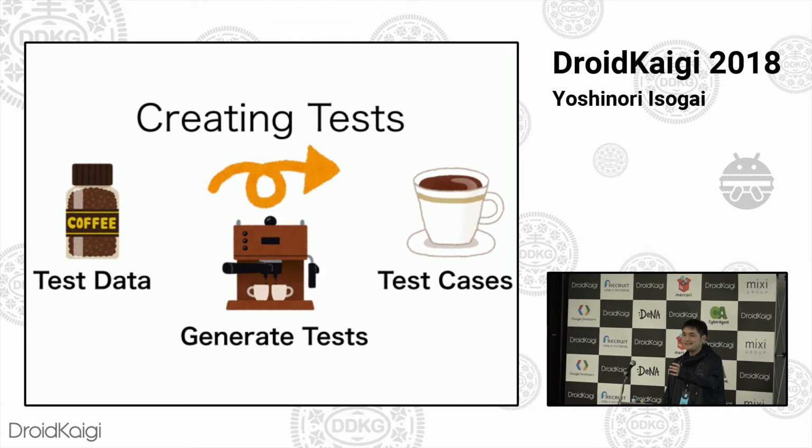Testing an intention is something like this. If you prepare testData and hit generate all tests, the test cases are automatically generated by Gradle. So we can focus only on what test data we will provide.